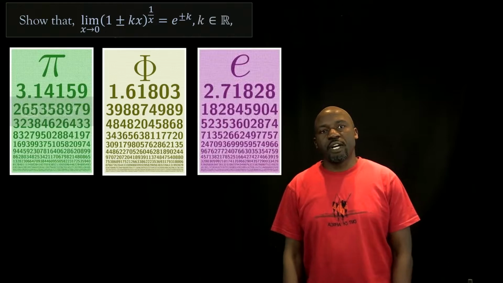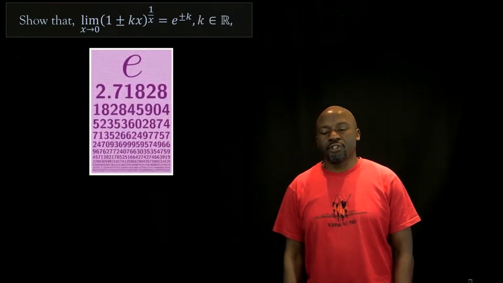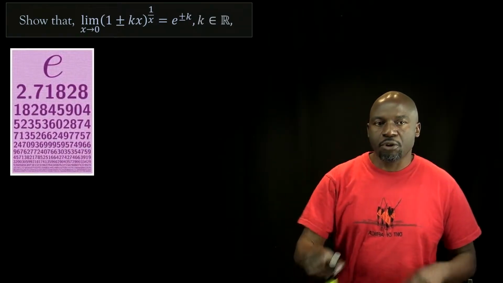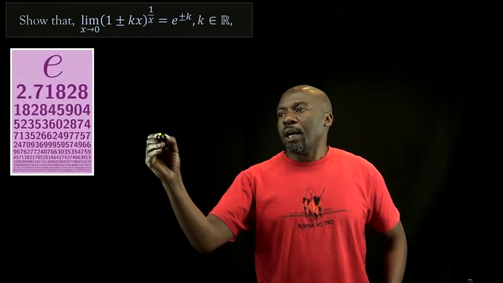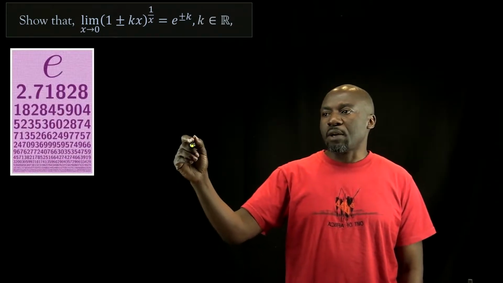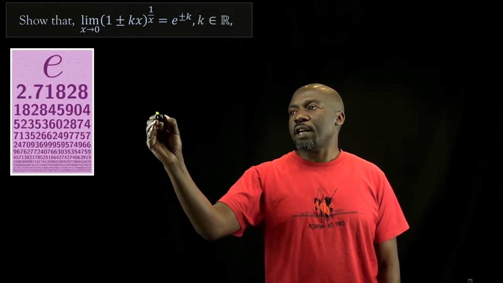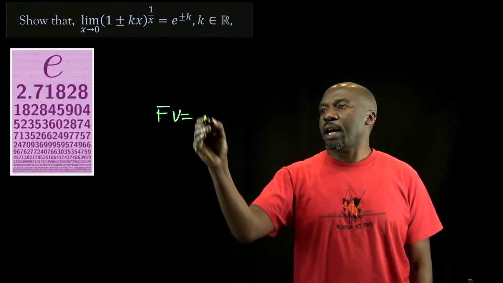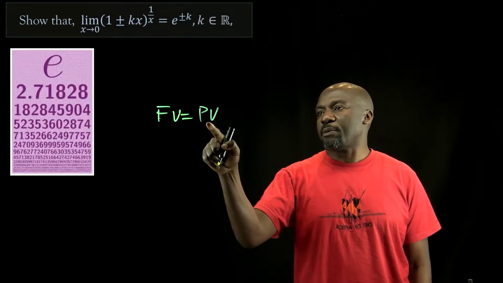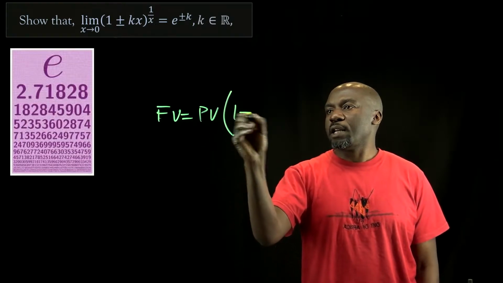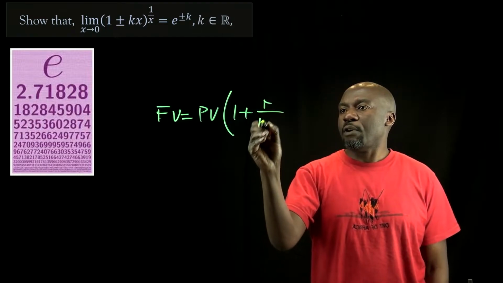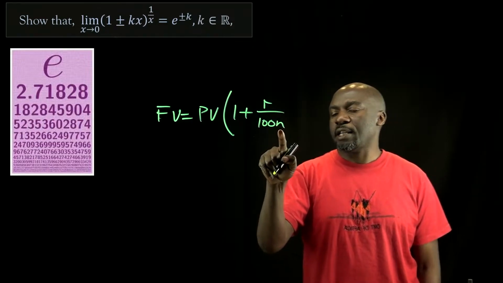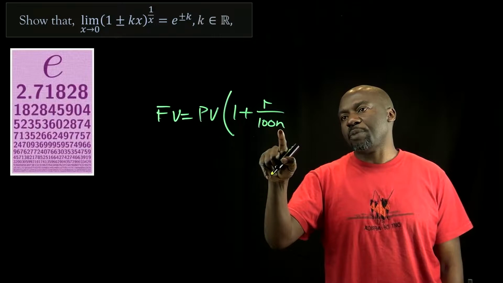How do we normally find e? If you've gone through financial mathematics, you've probably shown that when we look at compound interest, future value is given by present value, sometimes called the principal, times (1 plus r over 100n) to the power n times t, where n is the number of times we compound per year.